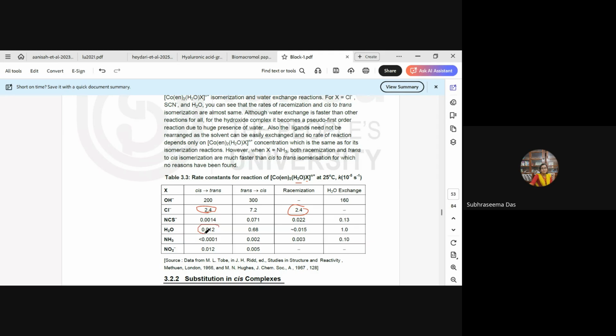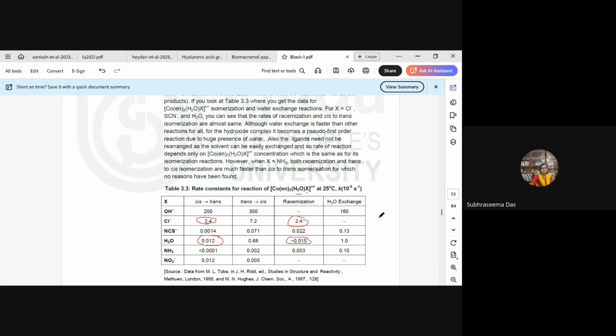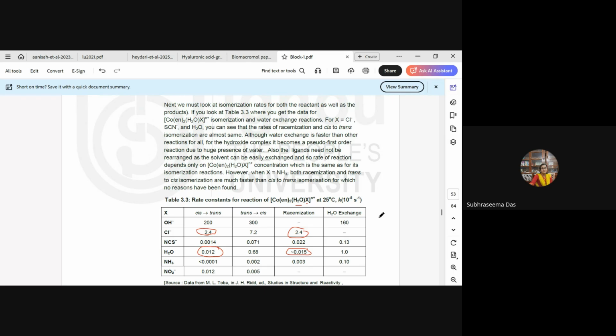For water, it is 0.012 and 0.015. So the rate constant for conversion of cis to trans and the rate constant for racemization are almost the same.